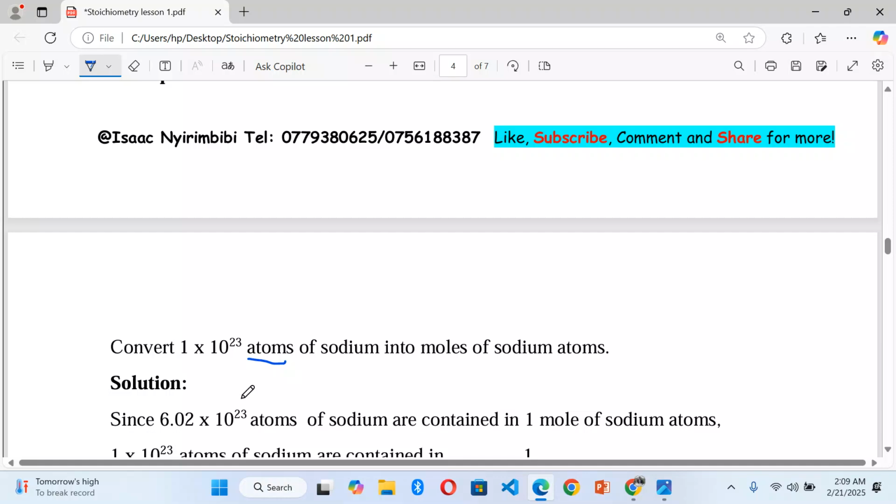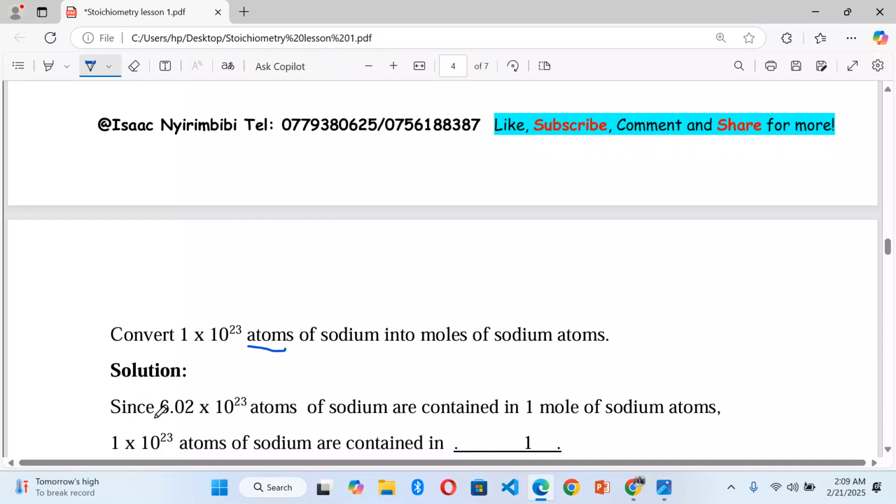So that's why in the solution here we are starting with this. Since 6.02 times 10 to the power 23 atoms of sodium are contained in 1 mole, we got this from Avogadro's constant, that 1 mole of a given substance contains this number of particles. So we're saying that since these atoms of sodium contain 1 mole, what about the ones they have told us? If these atoms contain 1 mole, what about these?